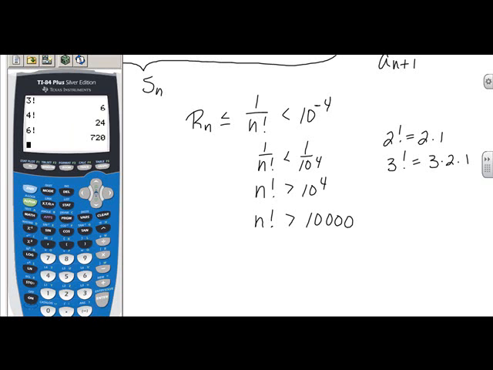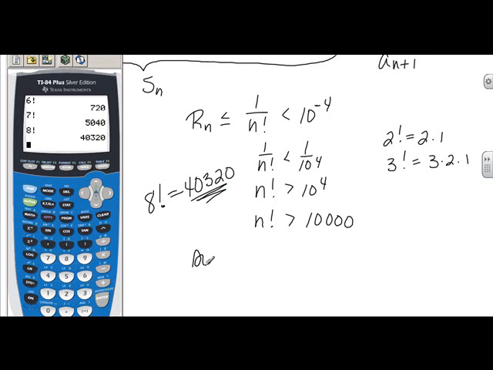7 factorial is 5,040. 8 factorial is 40,320. Okay, so because 8 factorial is equal to 40,320, and that is the first factorial of an integer we have that is bigger than 10,000, n equals 8 makes that inequality true.